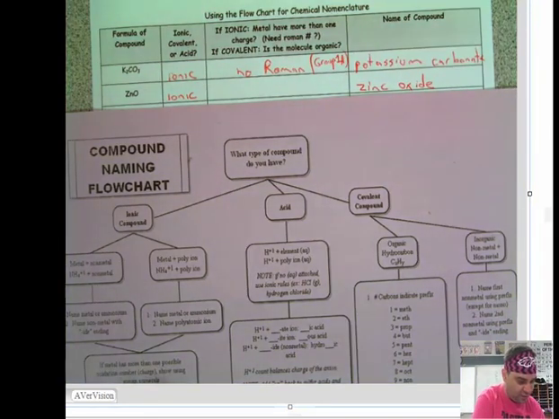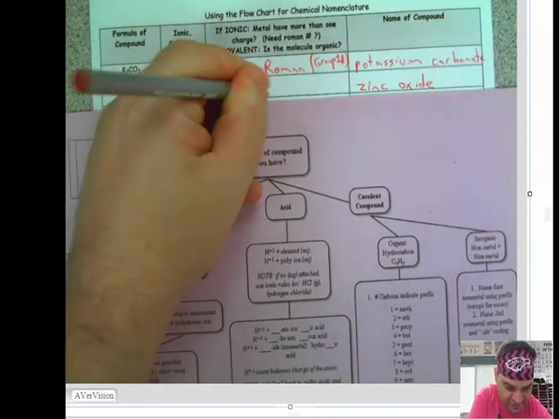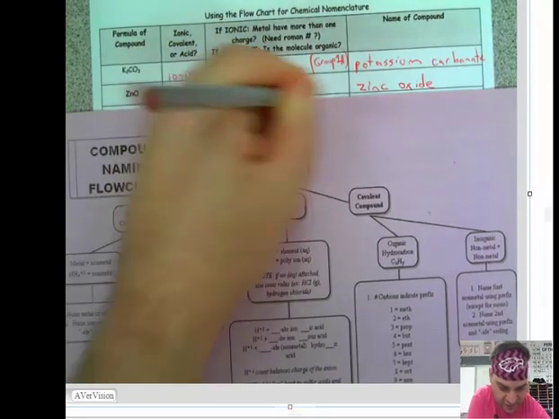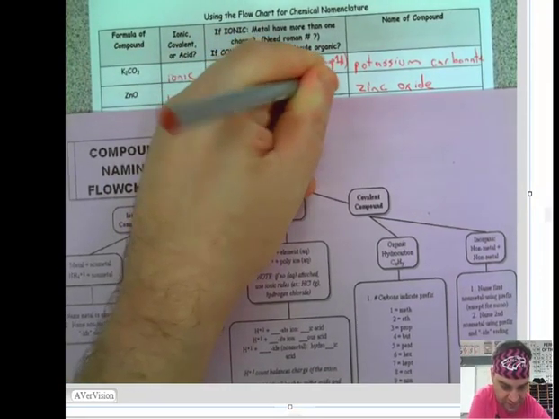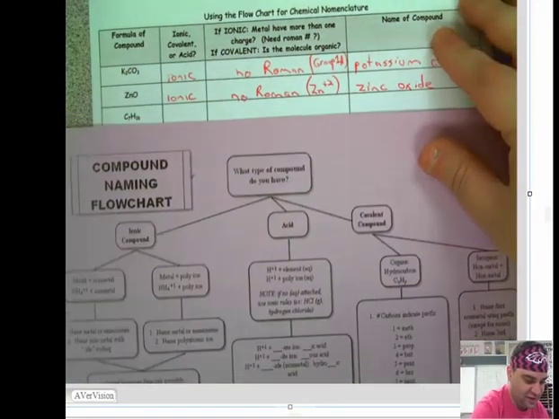If the metal has more than one popular oxidation number, show it using Roman numerals. This applies to groups 3 through 15, except group 13, which is the aluminum group. Zinc, no Roman. Zinc does not need a Roman, because zinc is always +2. Let's go down to the next one here.